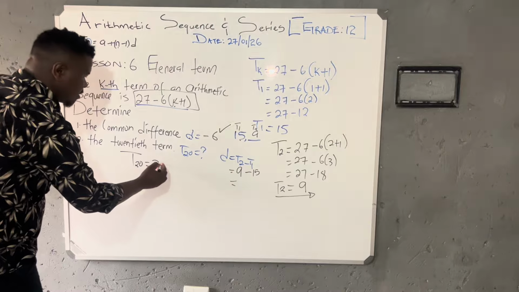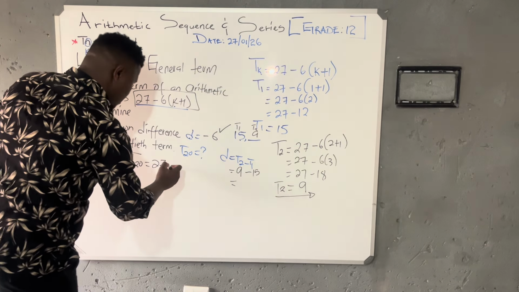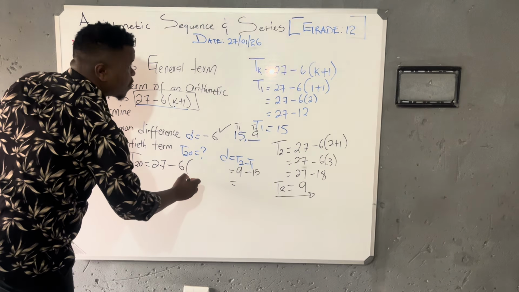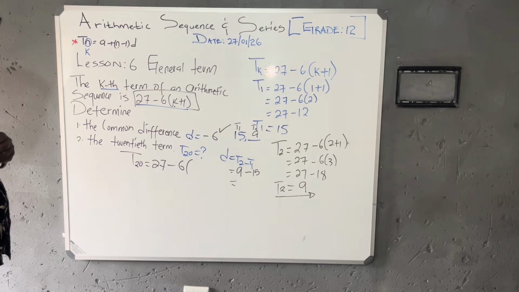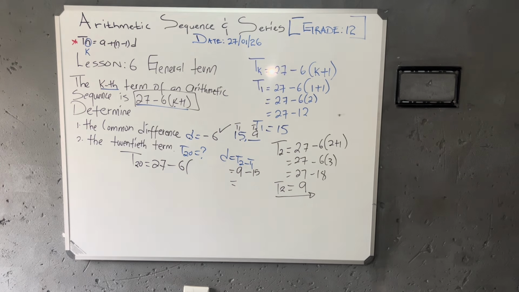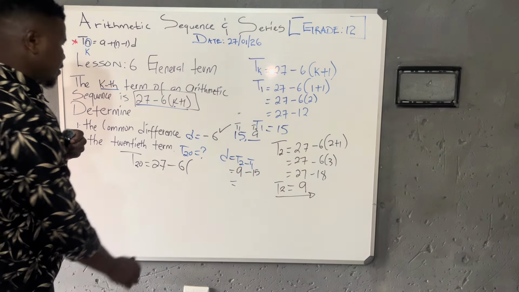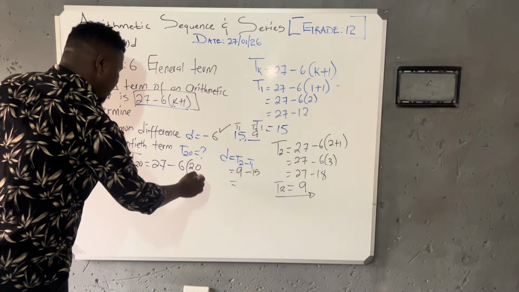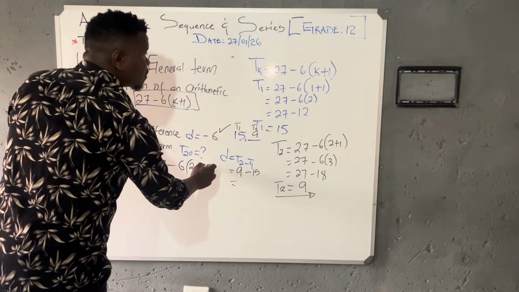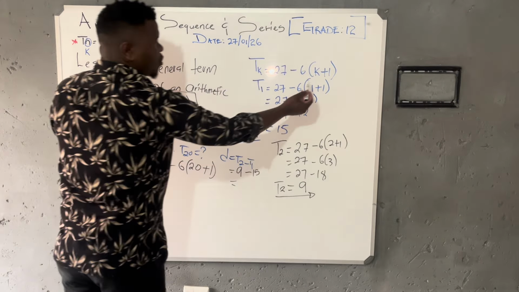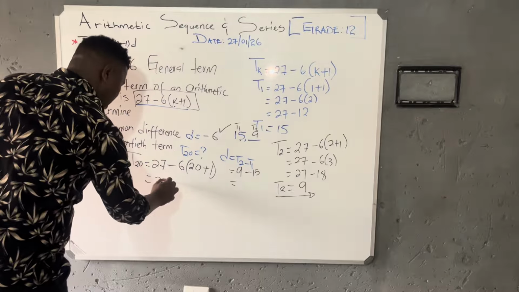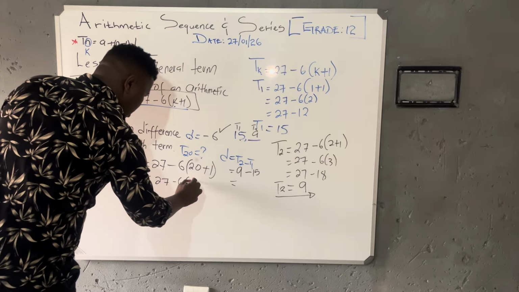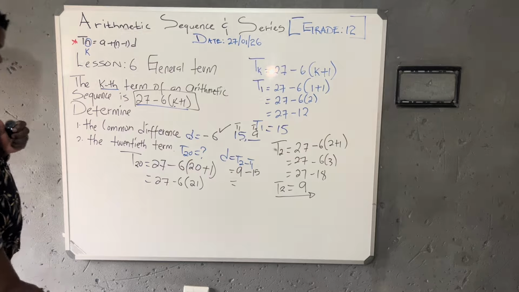Now this is 27 minus 6 open bracket, my K is now 20. So I'm putting 20 there plus 1, just following the formula. So definitely I'm having a 21.